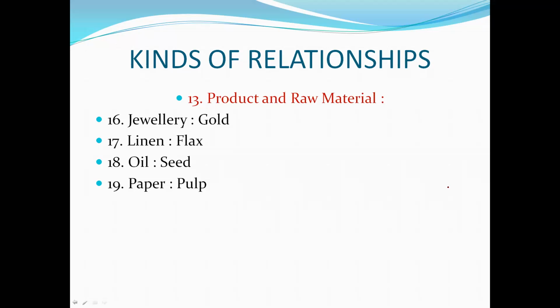At that time you have to be very clear that paper is made of pulp. If the option there is pulp, you have to choose pulp and not tree or bamboo, because the pulp is obtained from the bamboo tree. So just understand it. That was all about the kinds of relationships we have just discussed.